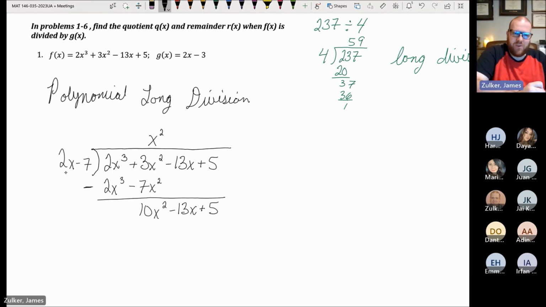So you play the same game. What do you have to multiply 2x by to get 10x squared? Plus 5x. Now multiply 2x minus 7 by that 5x.